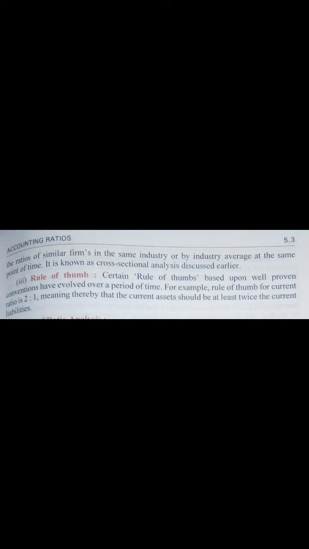And this means the current assets should be twice of the current liabilities. This would be the standard one, which is favorable, or we may say the satisfactory ratio appears for the firm.